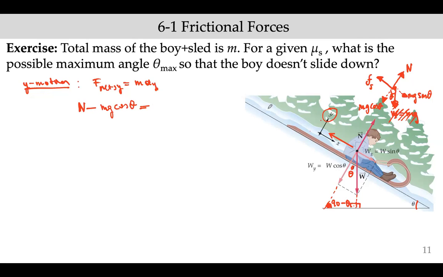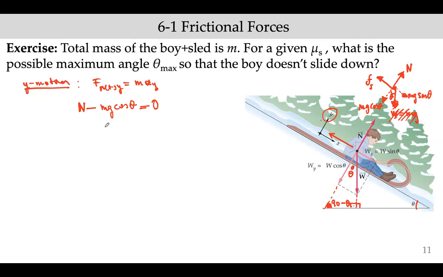equals. Now, is there any motion in the y direction in this problem? No. The buoy is always on the surface, so it's not going into the surface or going up in the air. So then there's no acceleration, and there's really no net force. That's the meaning of it. So the acceleration will be 0.